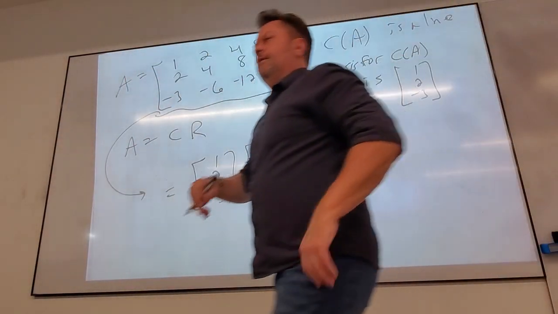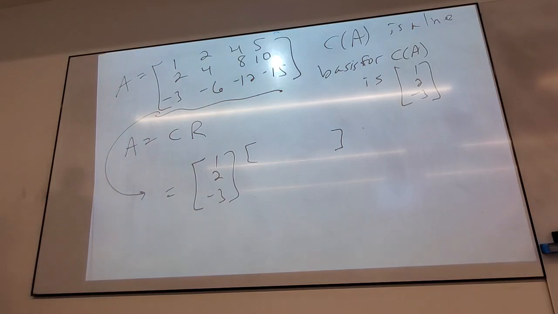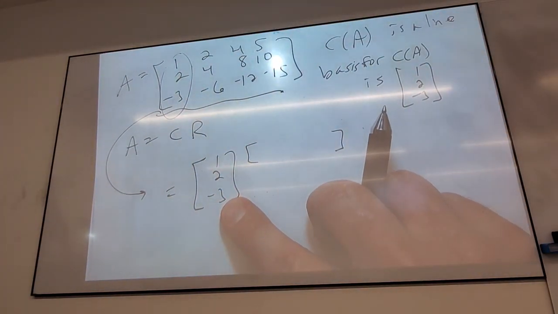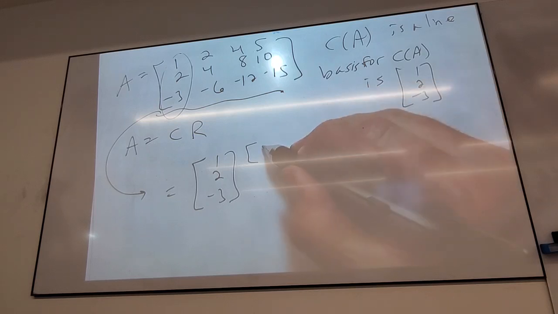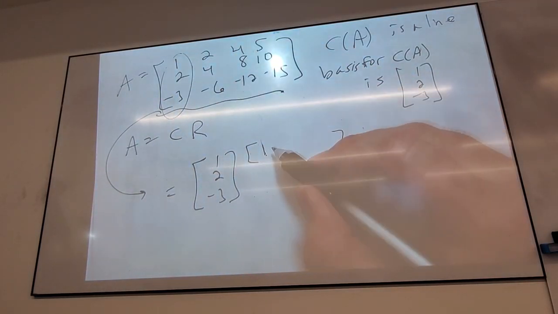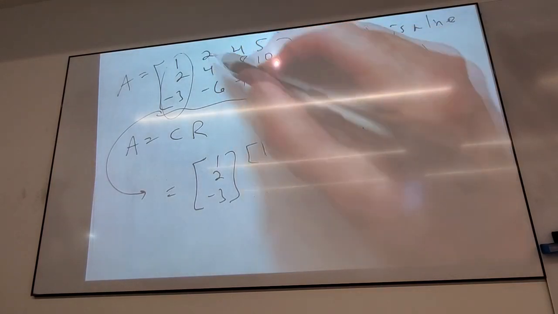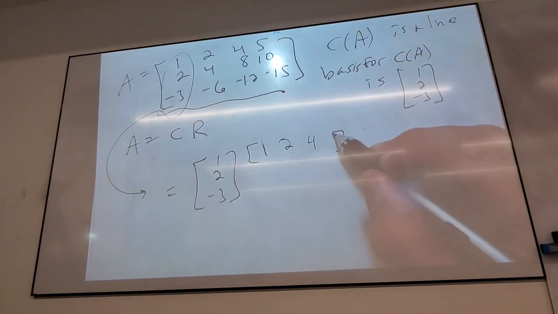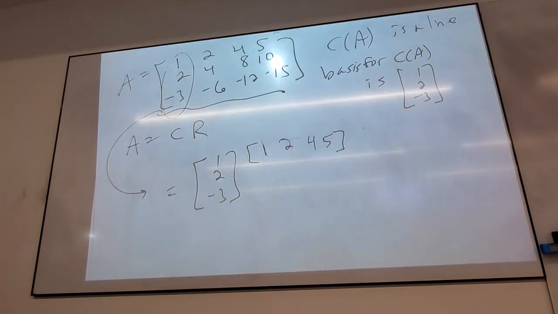This first column is what multiple of the column basis? 1. So if I do 1 times this, I actually get this, yes? The second column is twice that. The third column is 4 times that, and this column is 5 times that. And isn't that just the first row?